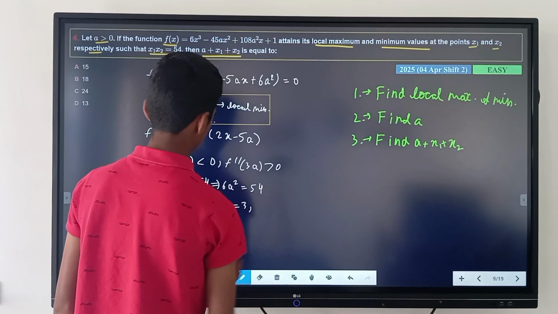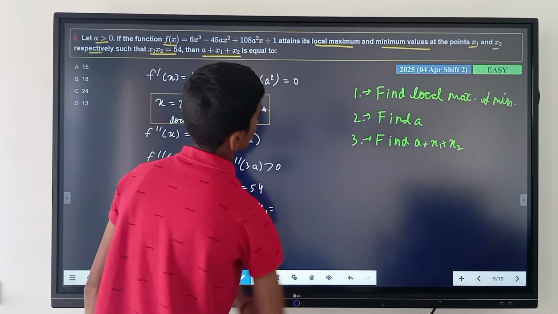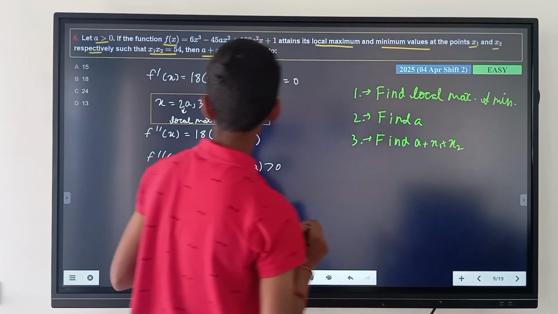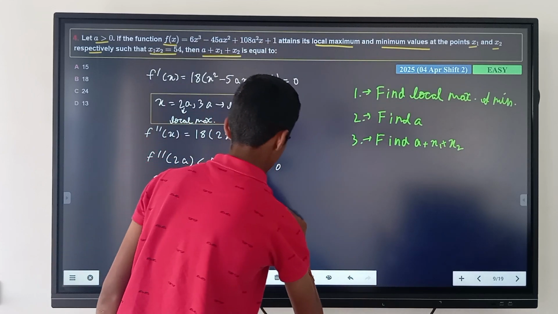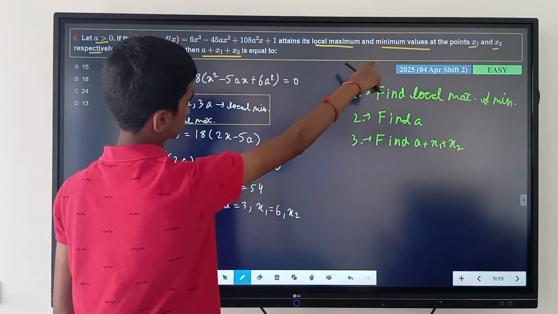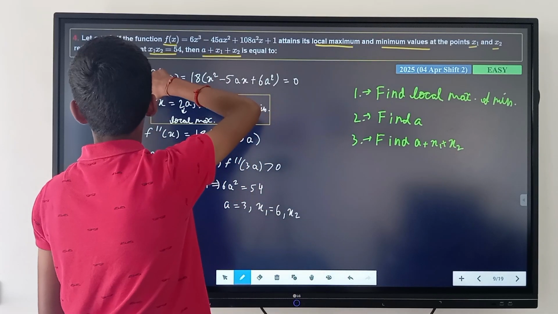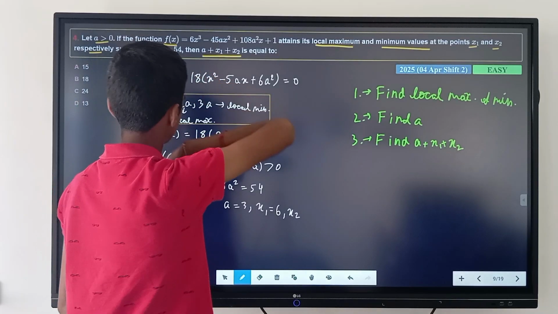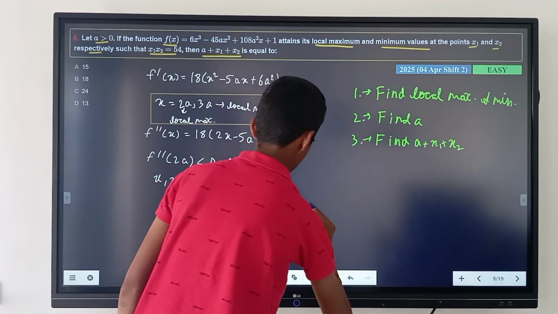If a is equal to 3, then x1 is local maximum, which is 6, and x2 is local minimum, which is at 3a, and 3a will be 9.